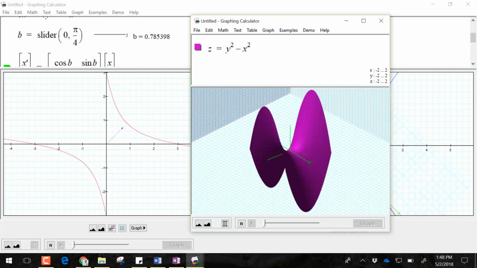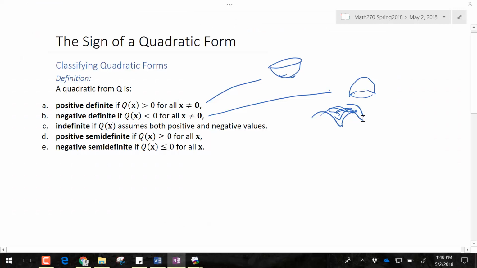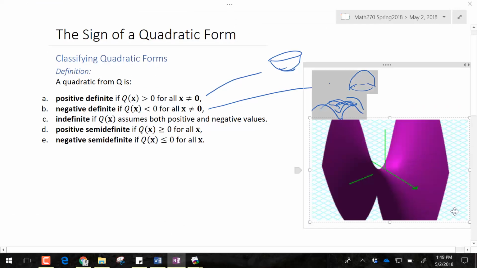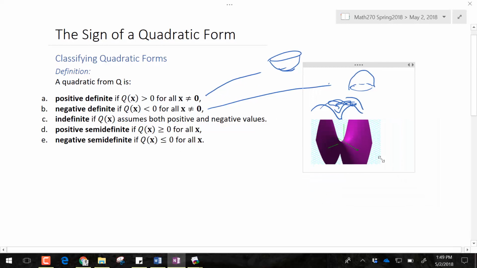Let's take a look at this drawing and put it in our notes, so you don't laugh at my drawing. That's the artistic part.